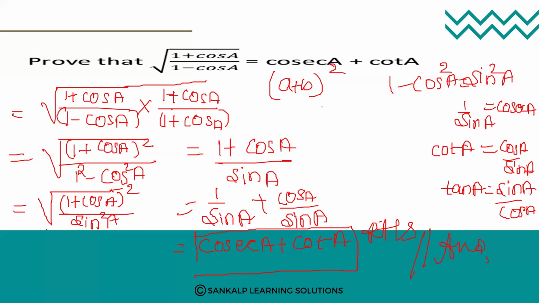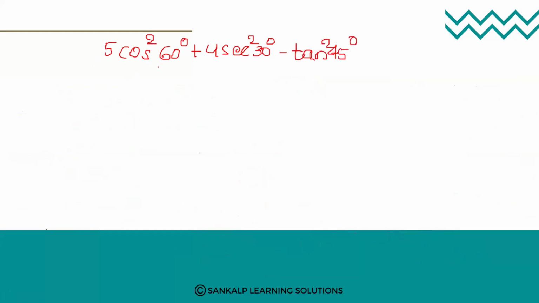Evaluate: 5 cos square 60 degree plus 4 sec square 30 degree minus tan square 45 degree, divided by sin square 30 degree plus cos square 30 degree.